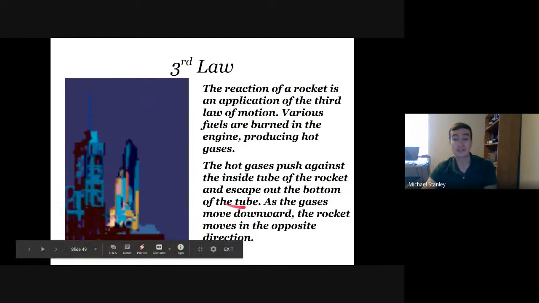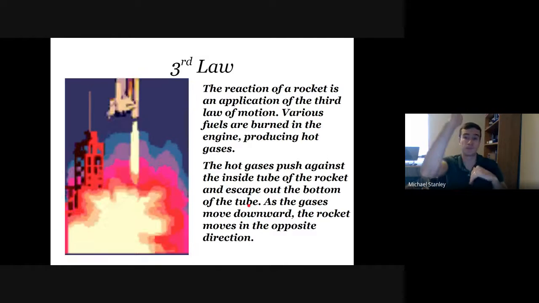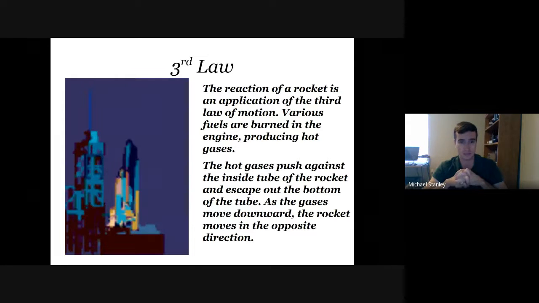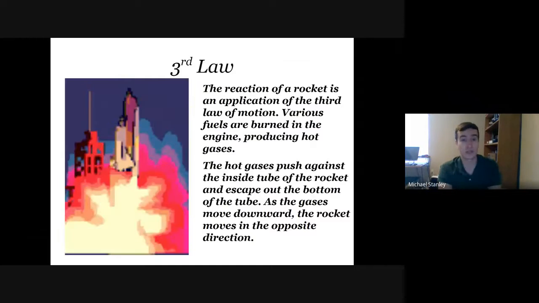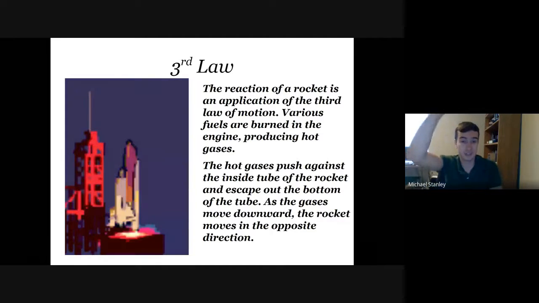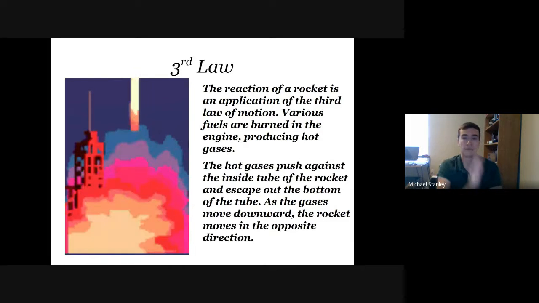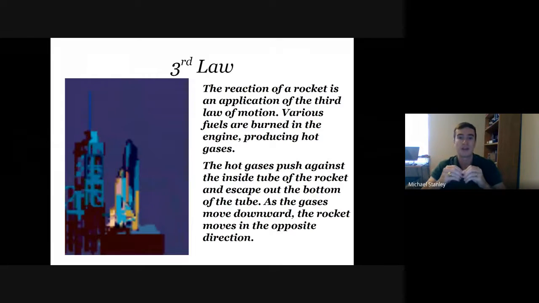So as the gases move down, the rocket shoots up. Equal and opposite reactions. So an equal amount of force in the opposite direction. All the gases coming down and out cause the rocket to be pushed up. It's the same idea if you have a balloon that you fill up with air, go, right?